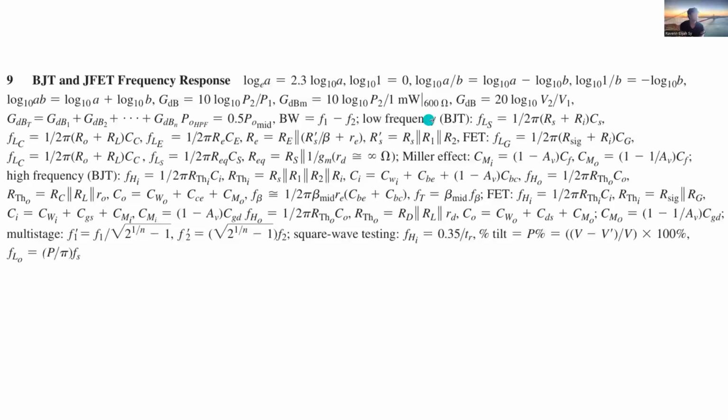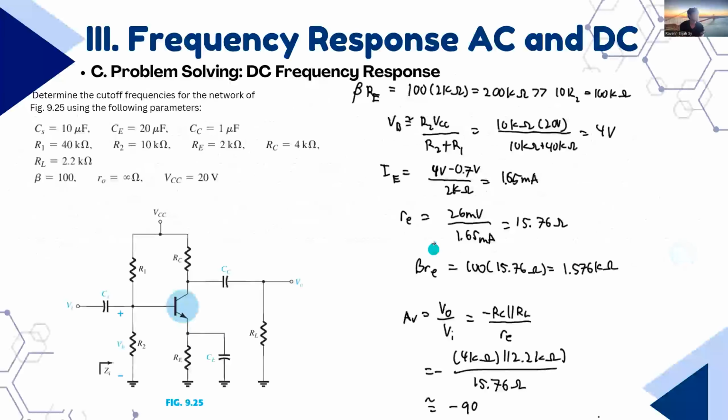Low frequency, FLS, 1 over 2 pi RC, RS plus RI. Then the other FLC, FLE, the formula for RE, and then the formula for RS, and the other formulas that we need to use for solving for the frequency response of a BJT.